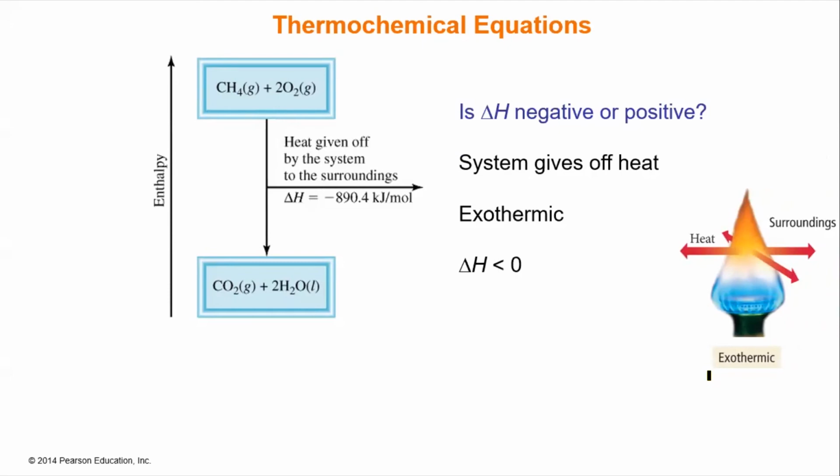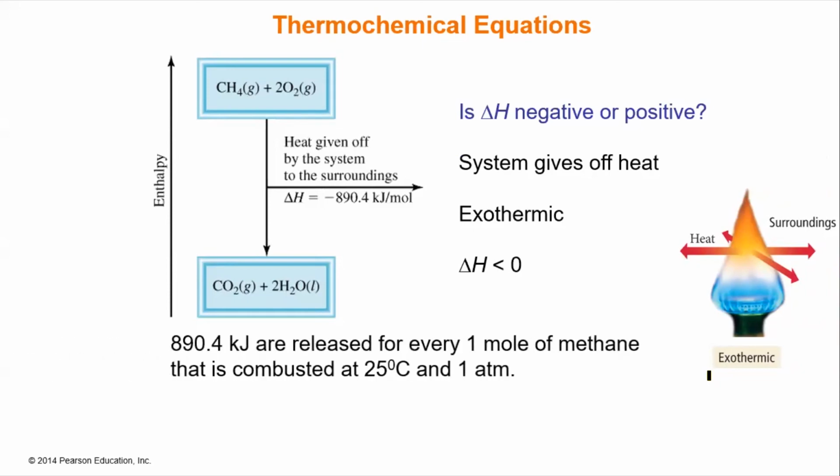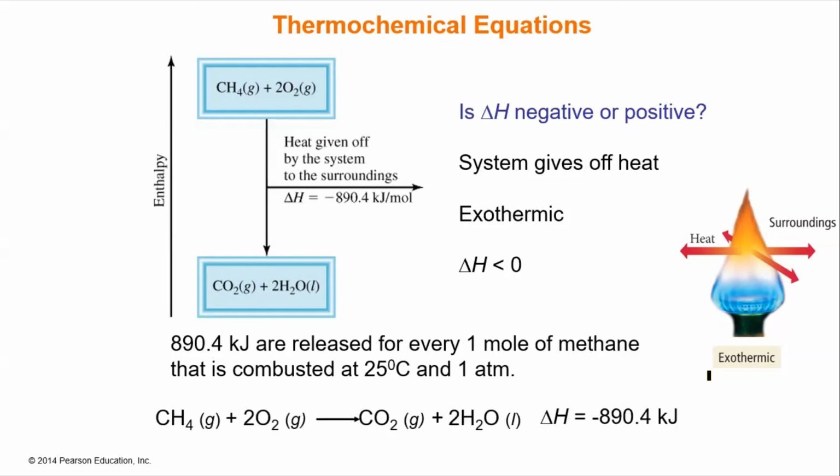What we're saying is that for every mole of methane combusted at 25 degrees and 1 atmosphere, 890.4 kilojoules are released. So I'm going to write this chemical equation: CH4 plus 2O2 producing CO2 and water. I have balanced that equation in class.